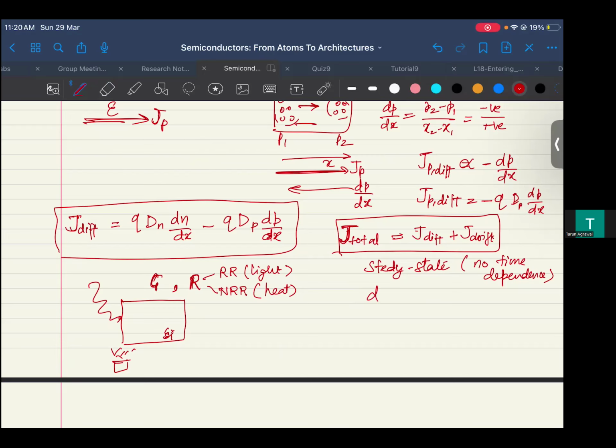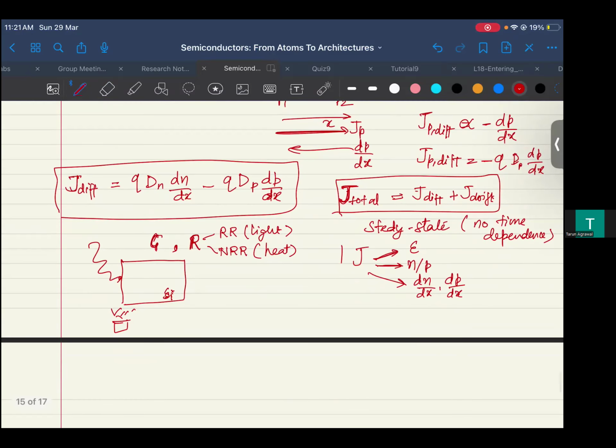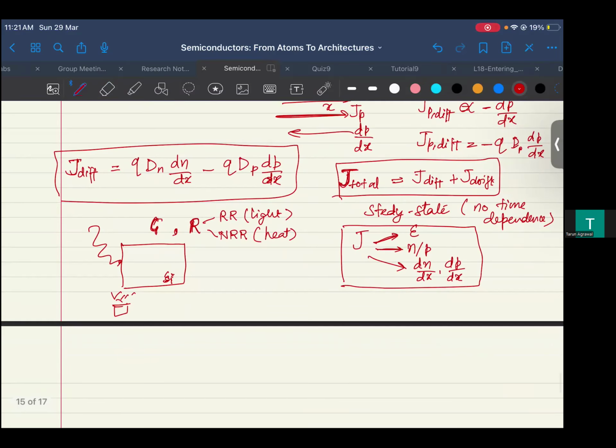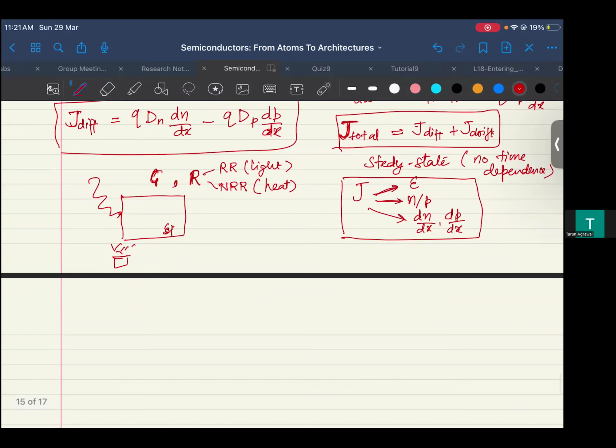If I have to calculate the total current J, it depends on either the electric field or the charge, or the concentration, right? This is what we looked at, which gives us J. These are the external factors by which J is decided, and internally, obviously, those are the proportionality constants of the materials.